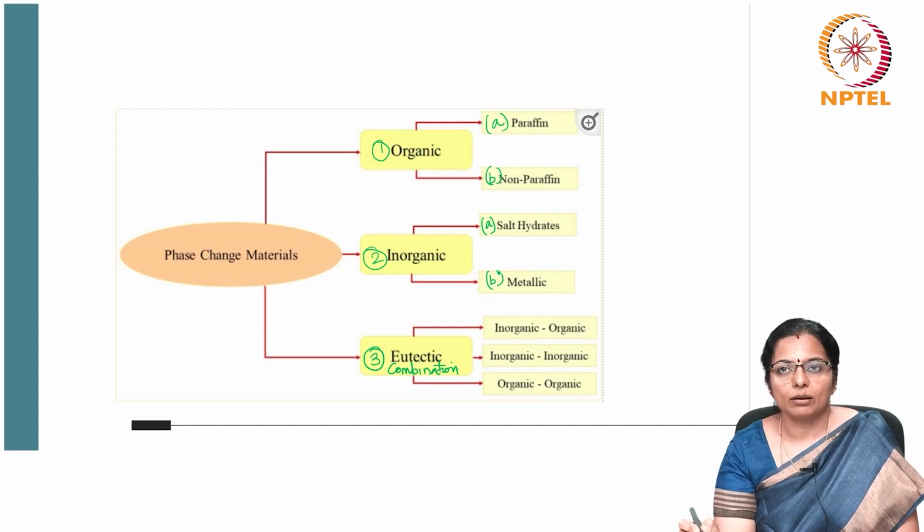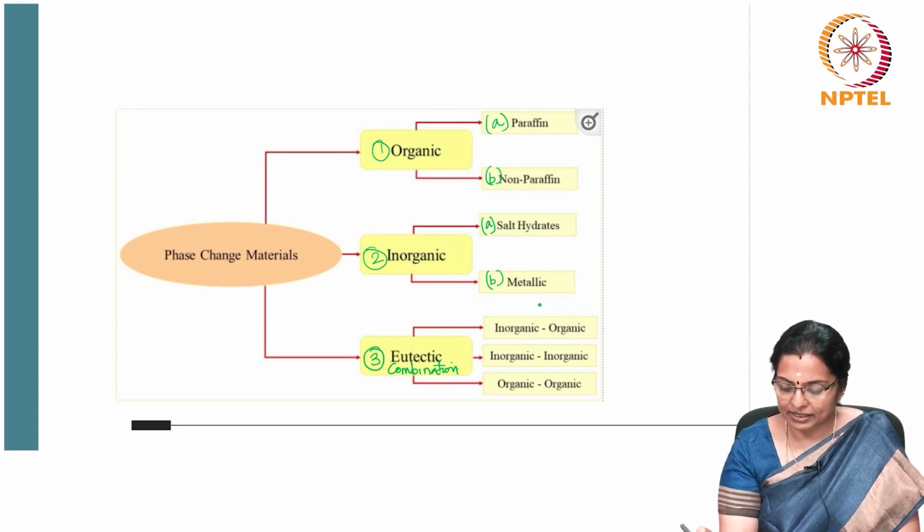The eutectic mixture results from the combination of two or more organic and inorganic compounds, or organic or inorganic compounds, with the transition temperature that can meet the specific demands.